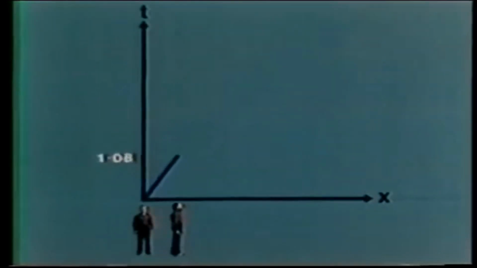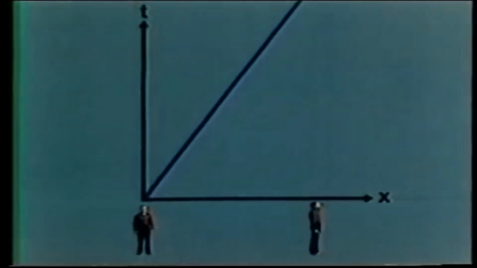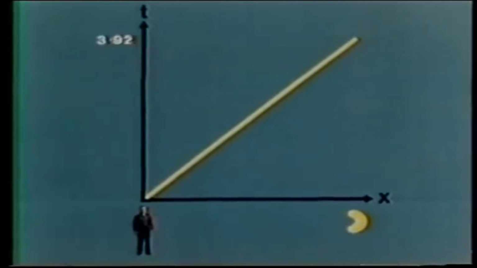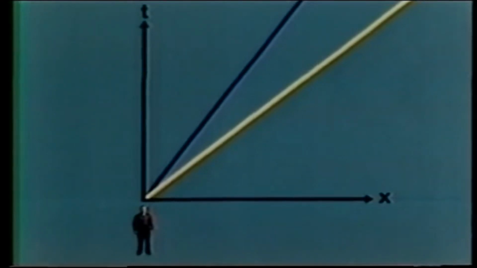Now, as Jeremy goes by me, my clock starts, and I can describe that event with my space-time coordinates. So you can see what his world line looks like in terms of my coordinate system. Light with speed 1 meter per second will have a world line like this. And we can compare Jeremy's world line with that.